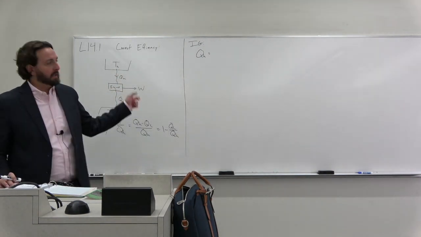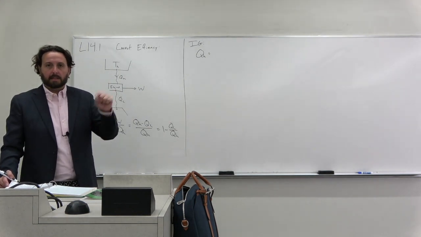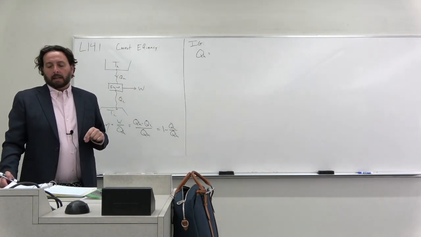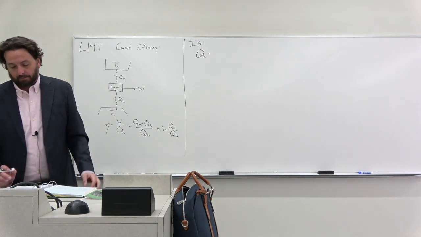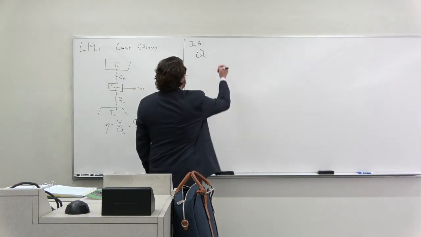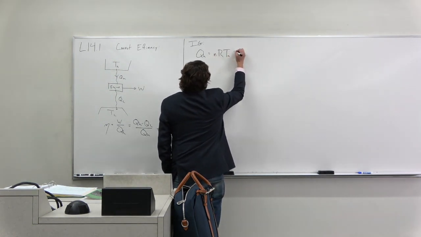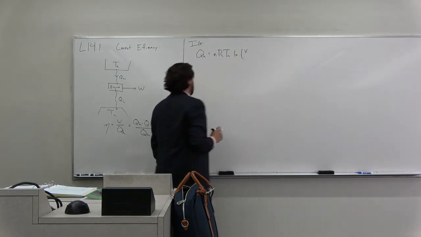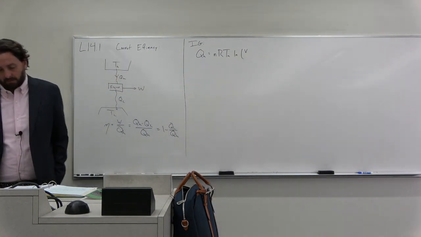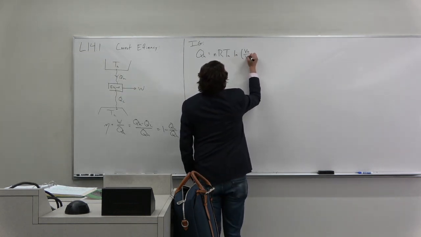Remember, we had our adiabats and our isotherms, and we went from A to B and B to C and C to D and D to A. And we actually were able to calculate what QH was, right? So we said QH was NRTH, and that was log of VB over VA.